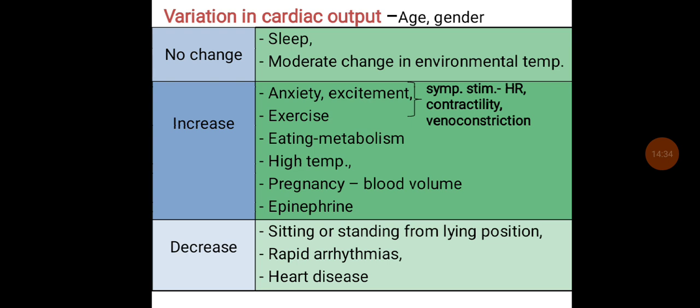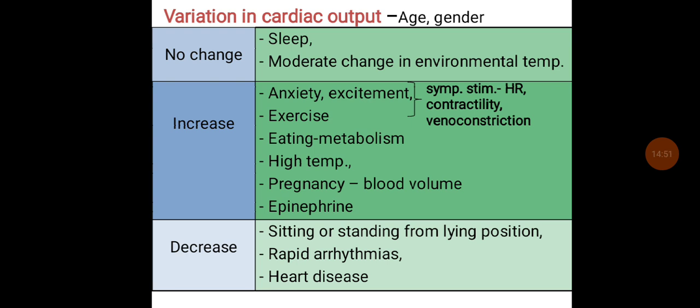Basically it occurs because of the increase in sympathetic stimulation. And with higher temperature, and in pregnancy, because of the increase in blood volume, the cardiac output is going to increase.